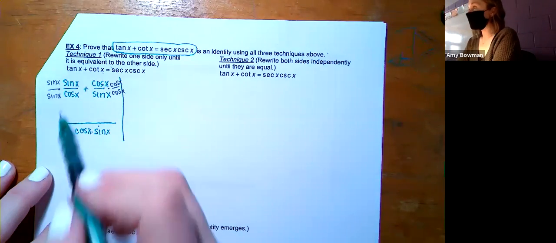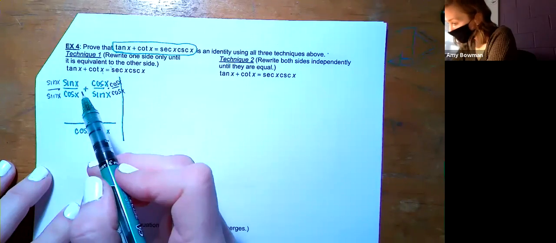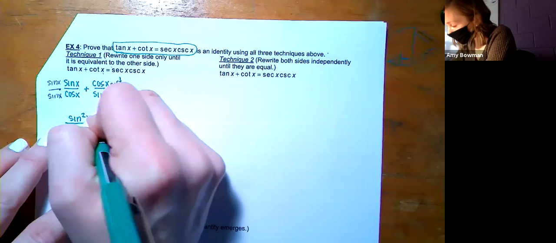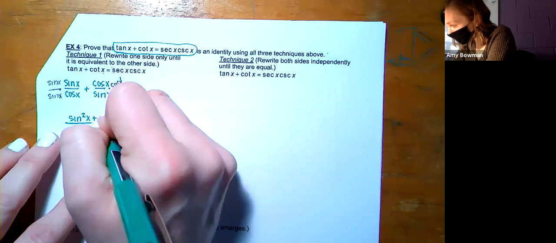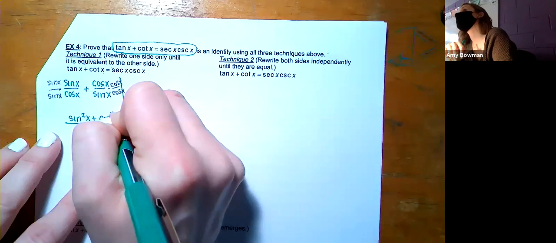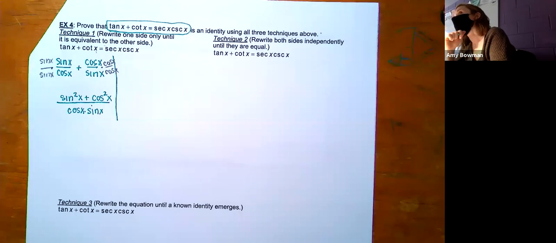The sine of x times sine of x, sine squared, plus cosine of x times cosine of x, cosine squared of x. Okay, now what? I don't feel like I'm close at all to secant times cosecant.